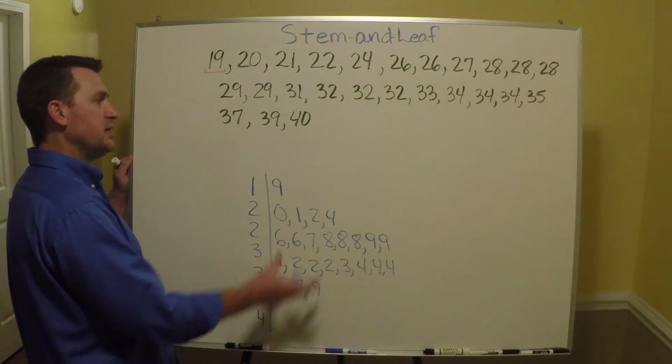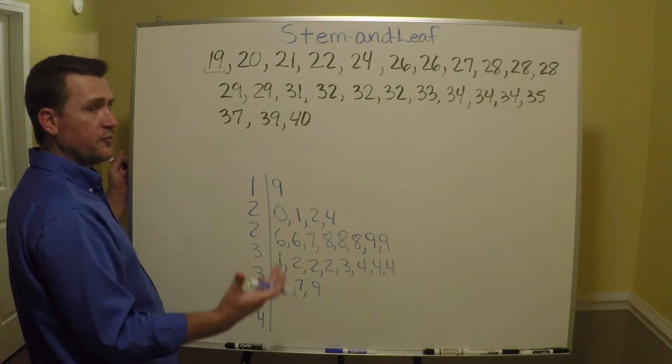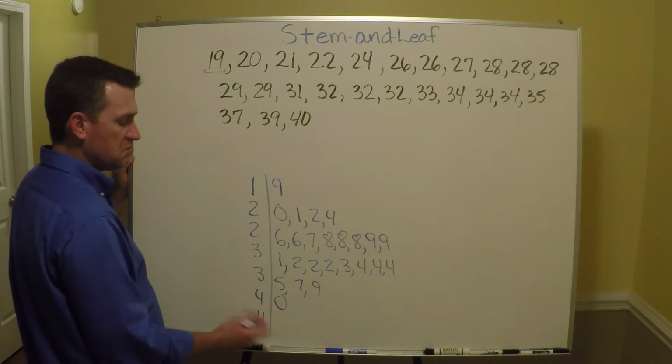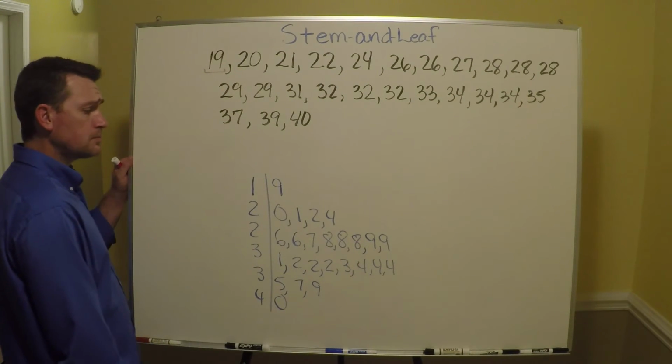And then just like I did with the teens, I really only have a single entry that even has a 4 in front. So I write 40 here, come back, erase that bottom one. Turns out I didn't need it.